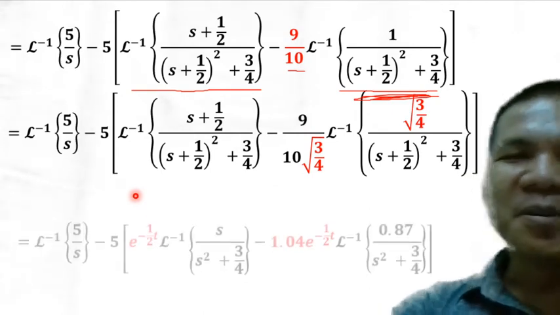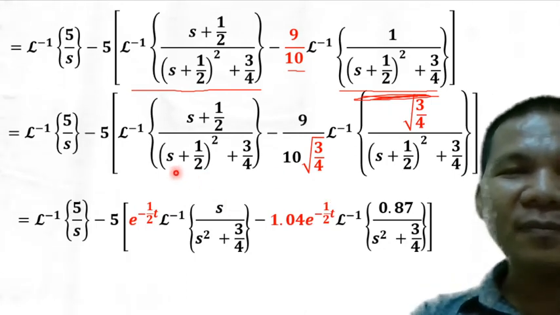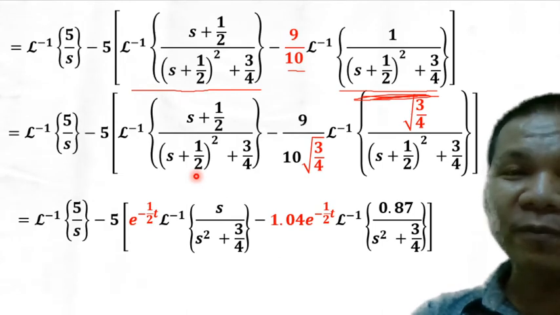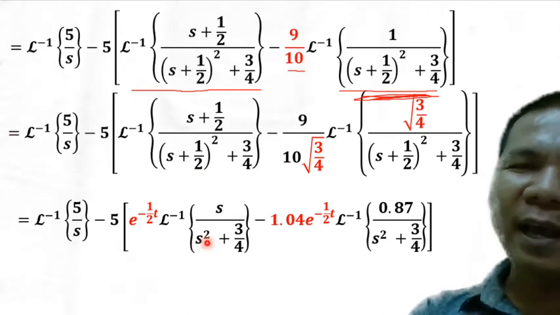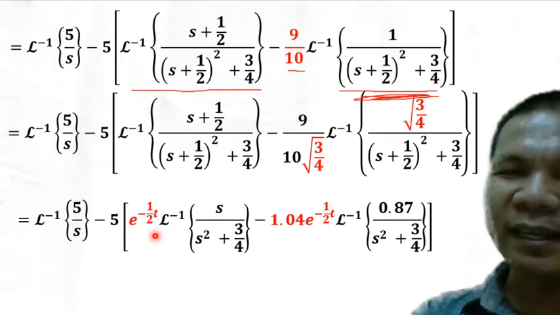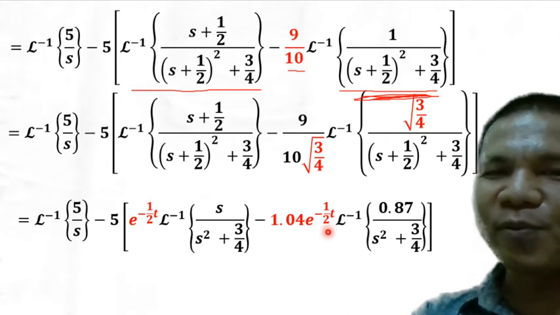Now, in the simplified form, we take out the amount of shift, which is 1/2. So taking out negative 1/2 as the amount of shift will give you e raised to minus 1/2 t. This will also give you e raised to minus 1/2 t.